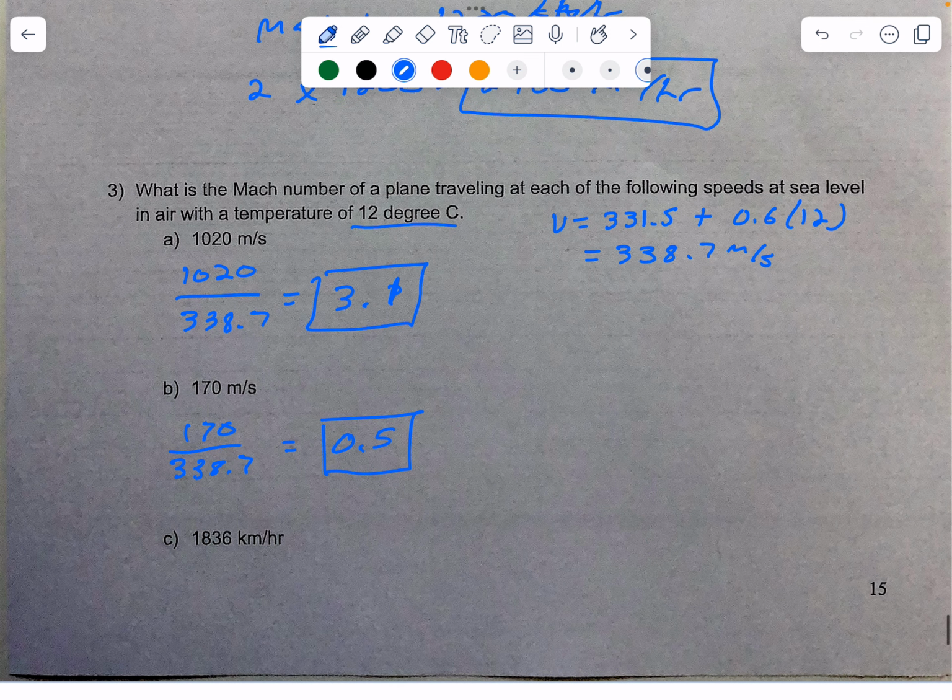Now for C, watch out for things like this: I'm in kilometers per hour, and the speed of sound that I solved for is in meters per second. So I'm going to divide this by 3.6 to get it back to meters per second. That's going to give you about 510 meters per second. So now 510 divided by 338.7 gives me a Mach of 1.5. And that'll end that one.